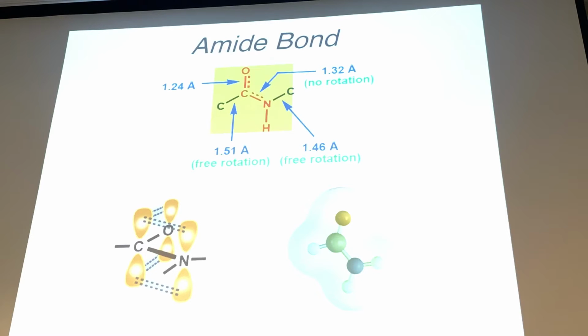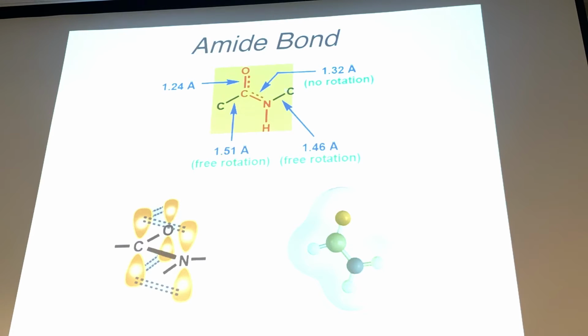When you have an amide bond here, you've got the lone pair that can resonate, shortening this carbon-nitrogen bond, right? But you can still rotate around these bonds here and here. So free rotation there, but not here. Normally no rotation, because if we rotate around an amide bond, we break that lone pair resonance into the carbonyl. So usually we keep these two carbons in a pseudo-trans conformation.